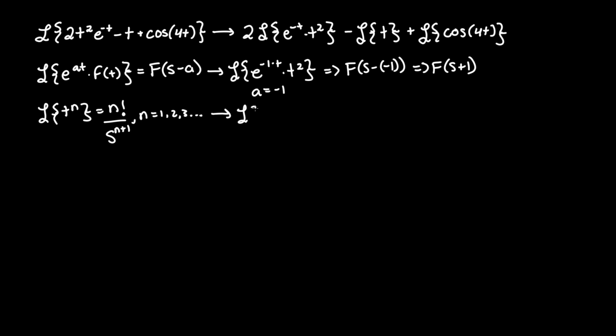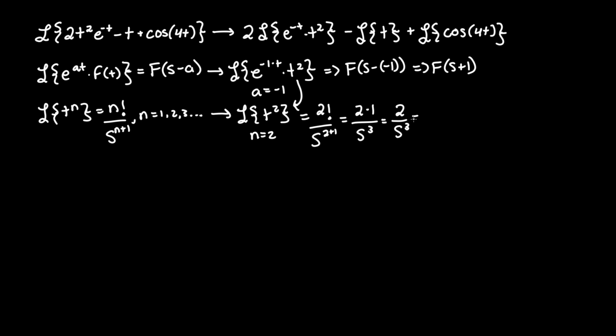So for our term, we have Laplace of t squared. This is our f of t term, where n equals 2. So that simply equals 2 factorial for n over s to the power of 2 plus 1, which equals 2 times 1 over s cubed, which equals 2 over s cubed.